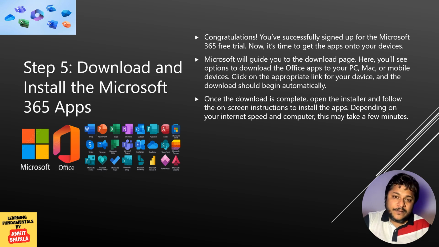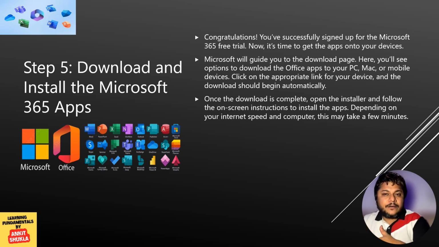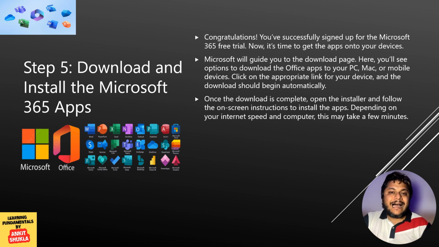Once the Office 365, or you can say Microsoft 365 applications are installed, or should I say, even before that, only install the Microsoft 365 apps if you don't have them already on your PC. If you already have it, do not upgrade it, because for this session it's just a trial and not paid. The subscription will eventually expire in 30 days, and so will your Microsoft 365 subscription.